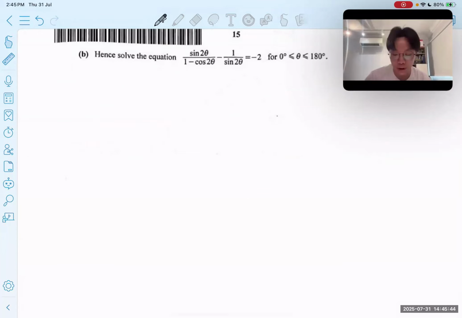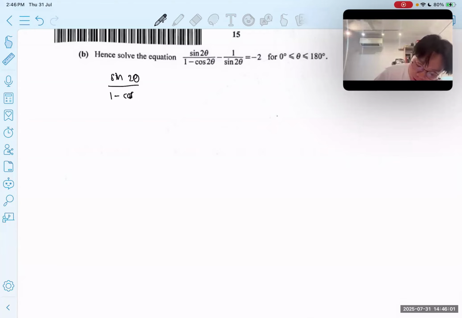For part 2 of this question, they ask us to find the equation in part A, now equal to -2, and they give us a domain for theta. From part A of this question, let me just write it down first.